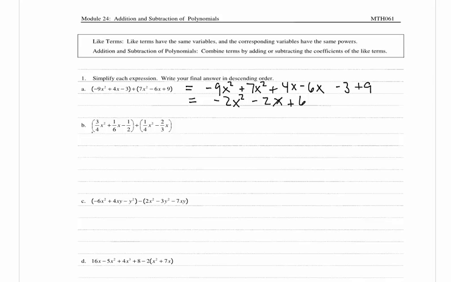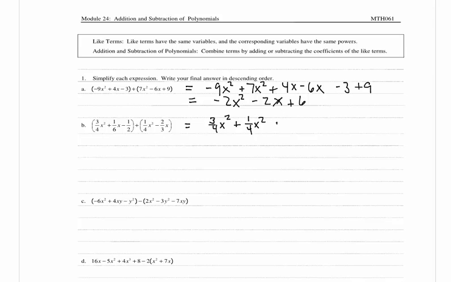In B, we have 3/4 x squared plus 1/6 x minus 1/2 plus 1/4 x squared minus 2/3 x. So again, the first thing I'm going to do is group them together. And I'm going to do it in descending order. Plus 1/4 x squared.